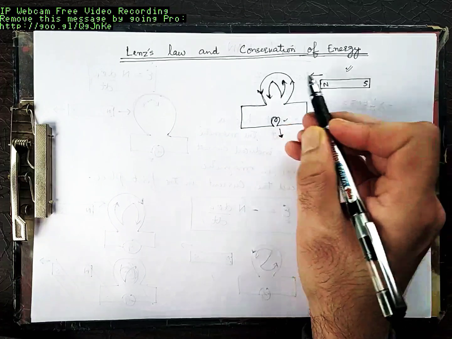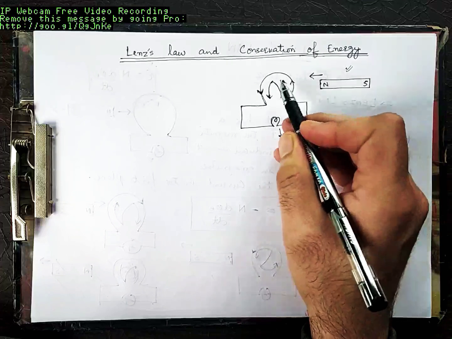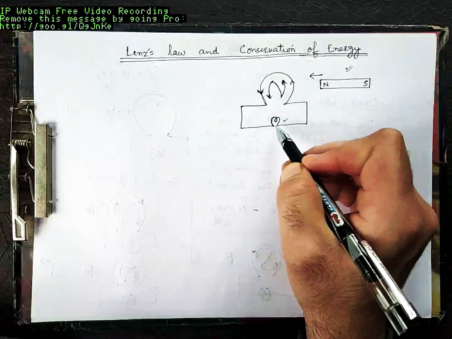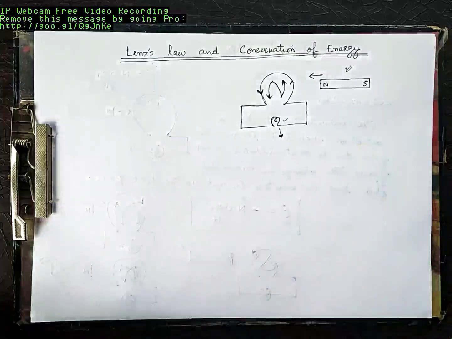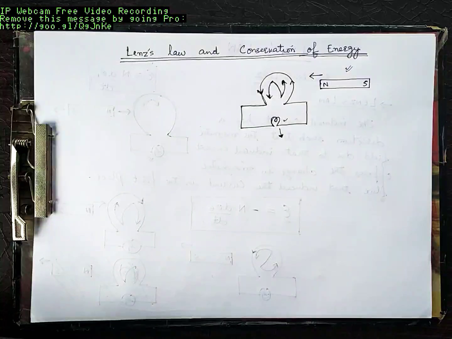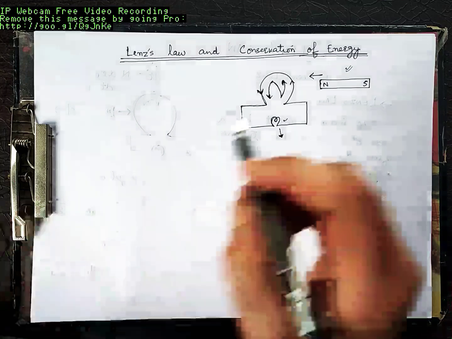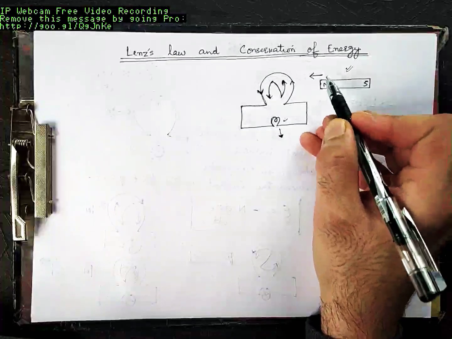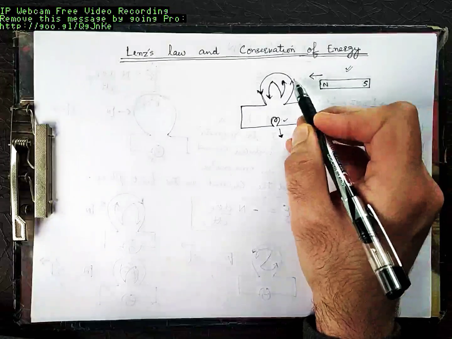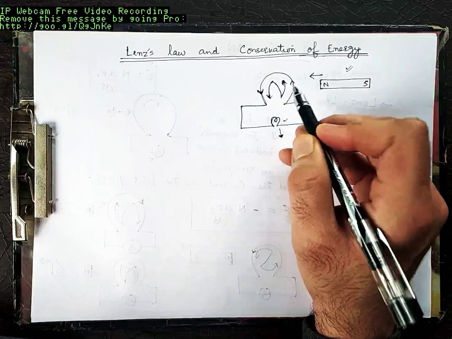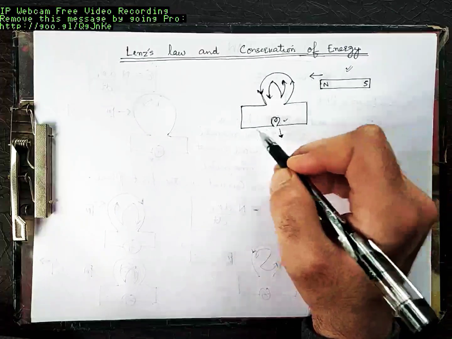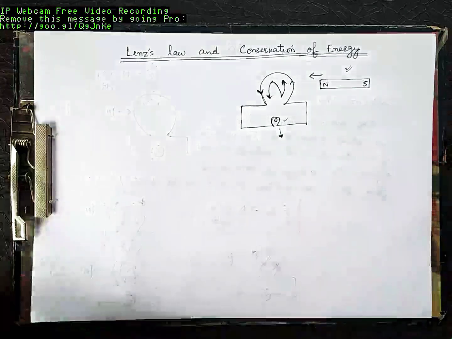It is that mechanical energy which is being converted into electrical energy. That's why this bulb is glowing. Are you getting me? So it is the mechanical energy that I am spending here to move this north pole towards the coil, which is being converted in the coil from mechanical to electrical form. That's why this bulb is glowing.